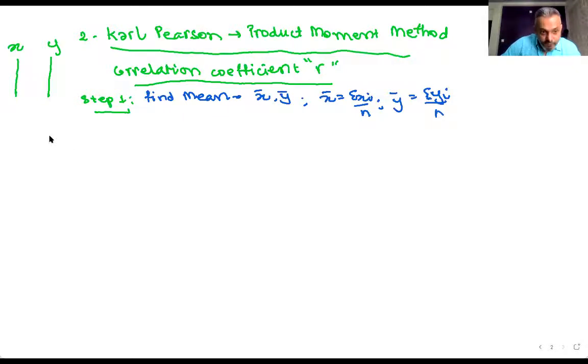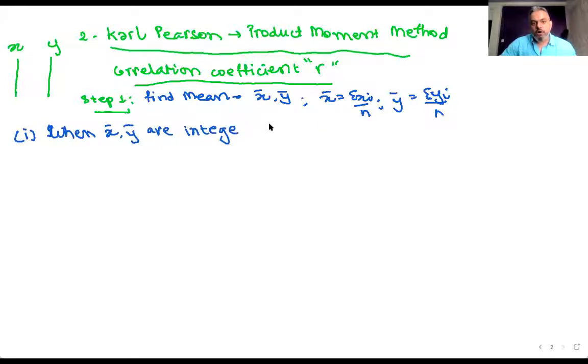So the first formula is when mean x bar and y bar are integers. Integers means they are not in fraction.